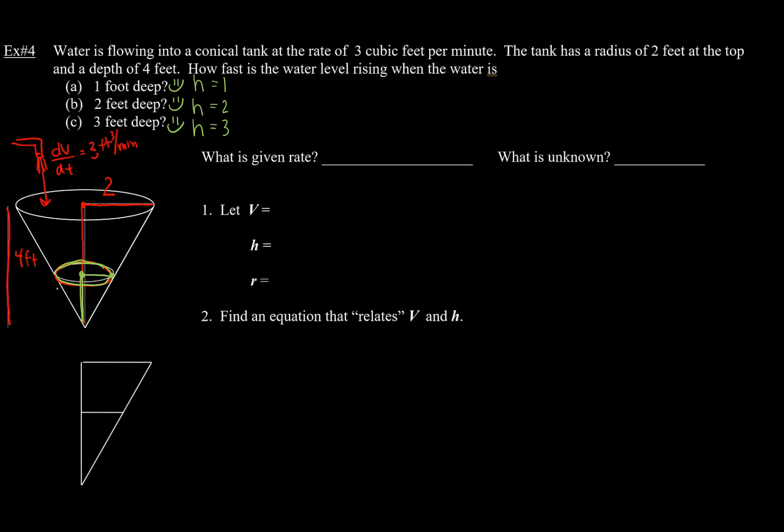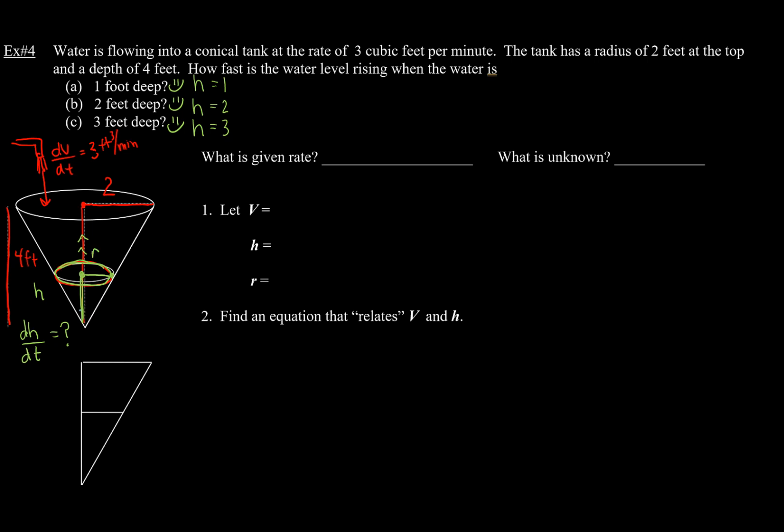All right, this little piece right here, the green, that's my height. That's changing when I'm pouring water into it. My dH/dt is this change as the height is getting larger and larger. And I don't know how fast the water level is rising, so that's a question mark.